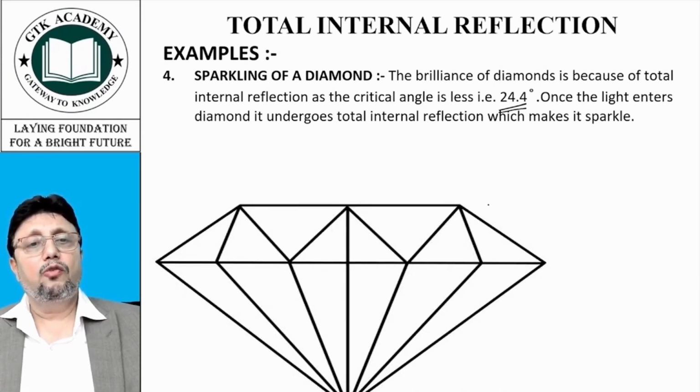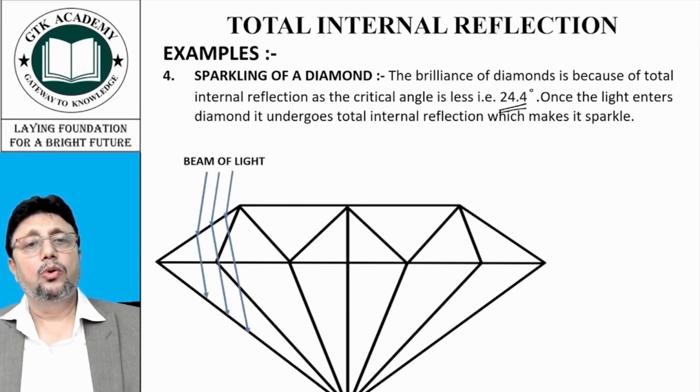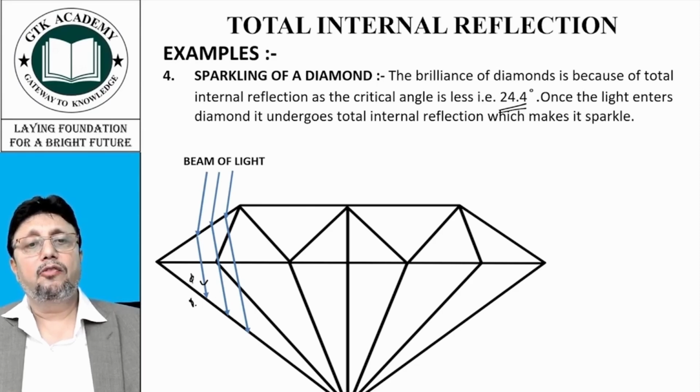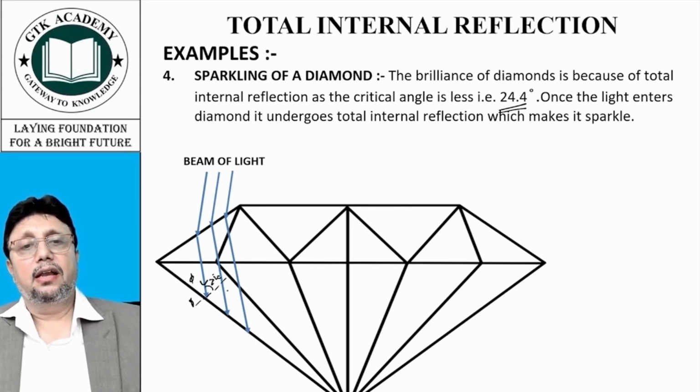Say, for example, a beam of light strikes the diamond, it goes inside. Now this ray is traveling from inside the diamond and coming out of here. That means denser to rarer medium. So here total internal reflection can take place if this angle is greater than the critical angle.